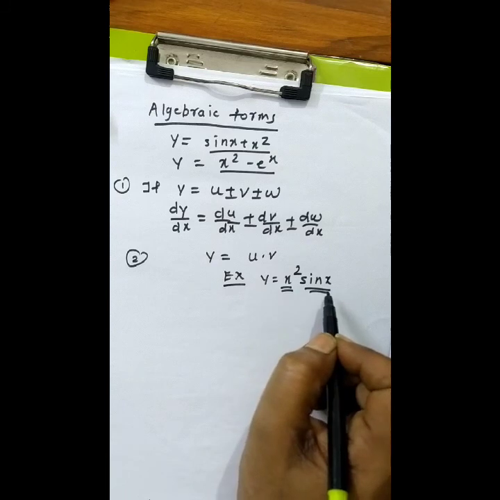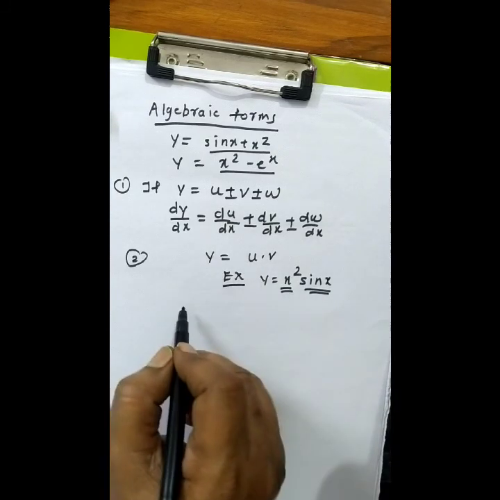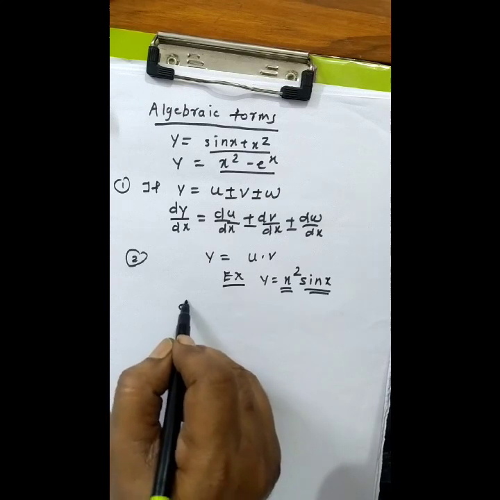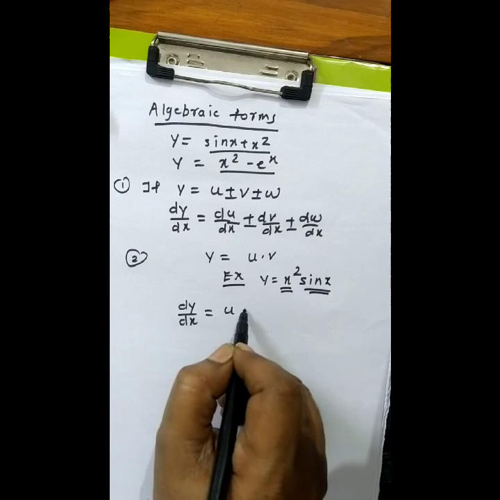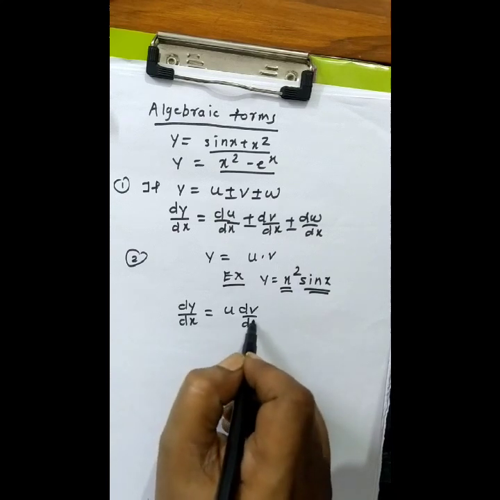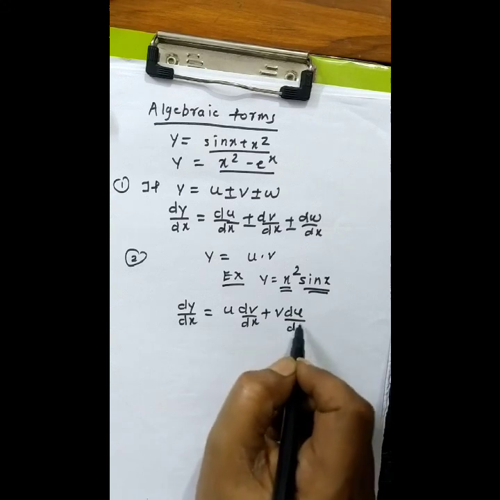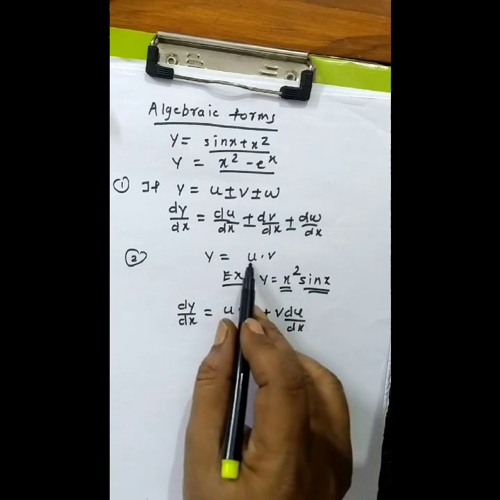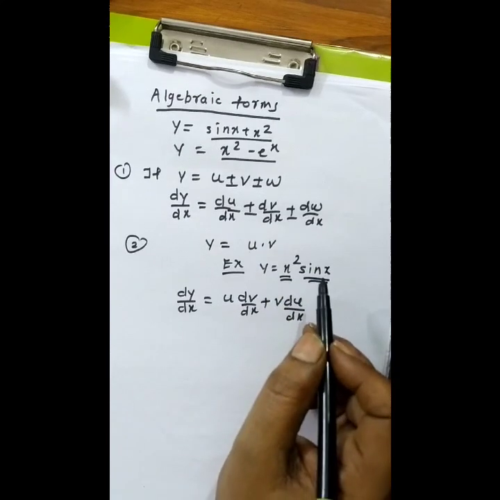Here the derivative can be found using the standard form. But for u into v, we have an algebraic formula. So dy by dx will be u into dv by dx plus v into du by dx. First you keep the first function constant and differentiate the second, plus keep the second constant and differentiate the first.